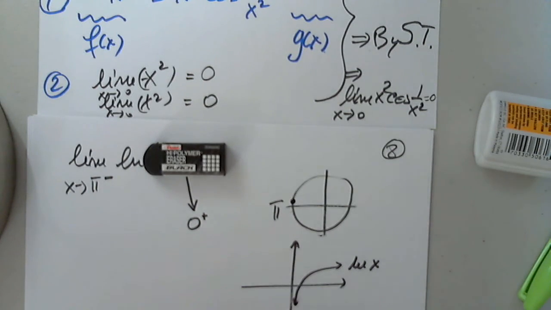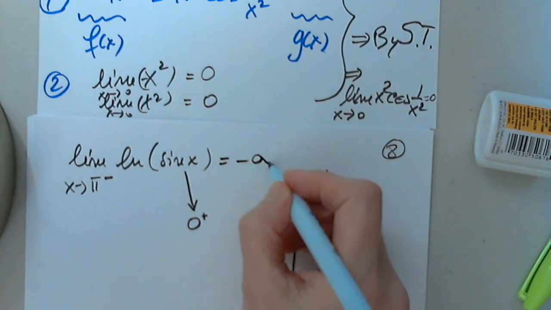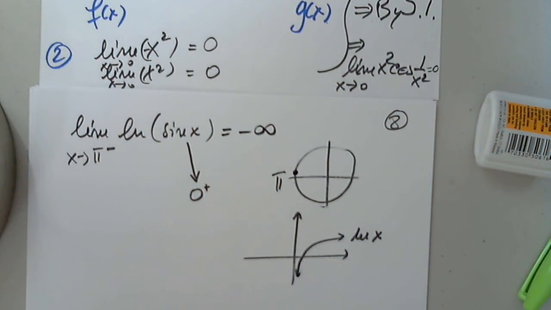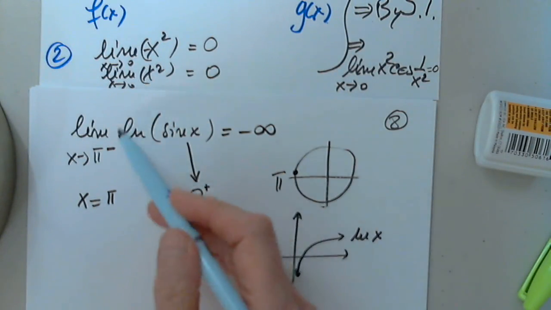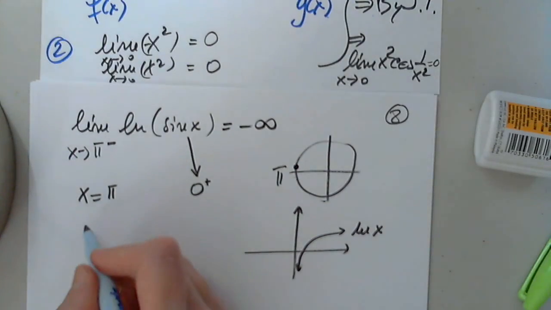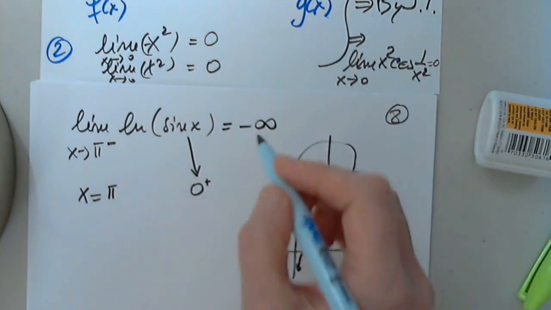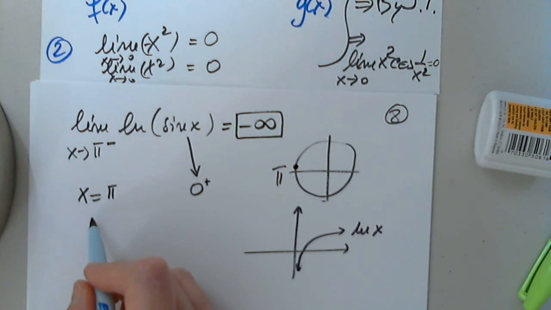So where is this going? Negative infinity. That's it. Which means that x equals pi for this function represents what? Because the answer is this. Vertical asymptote. Thank you very much.